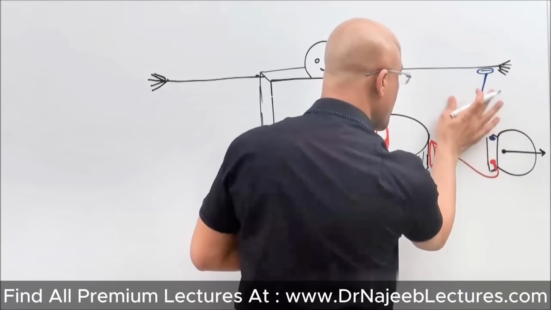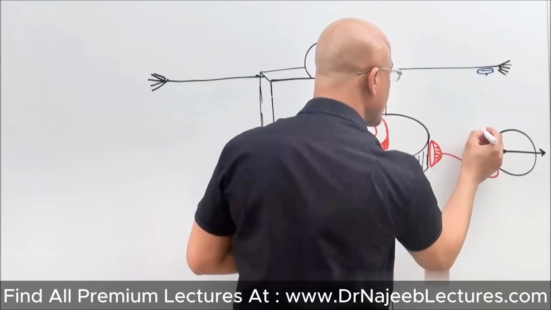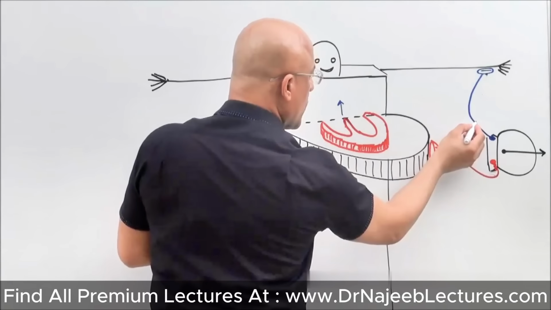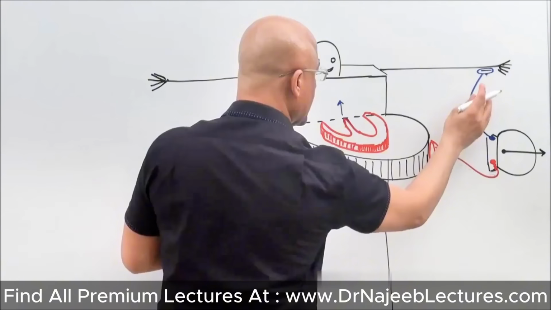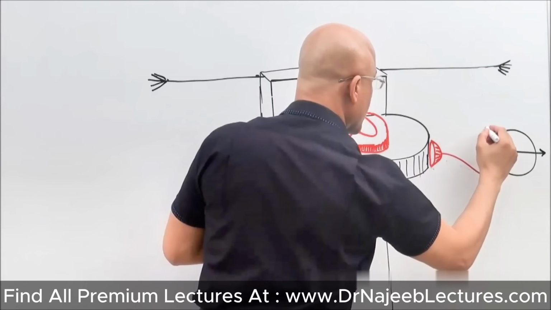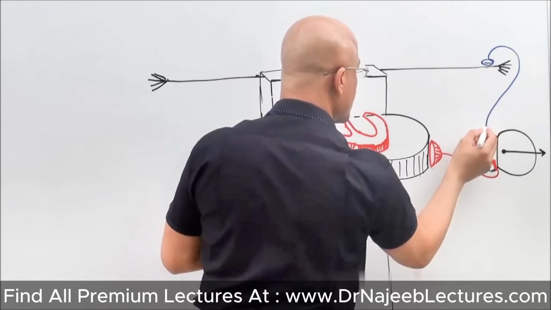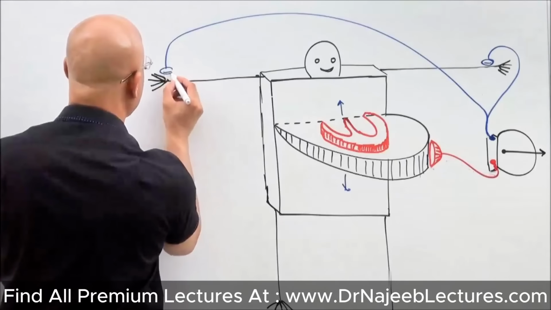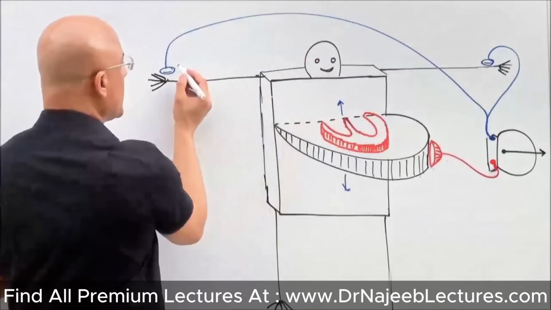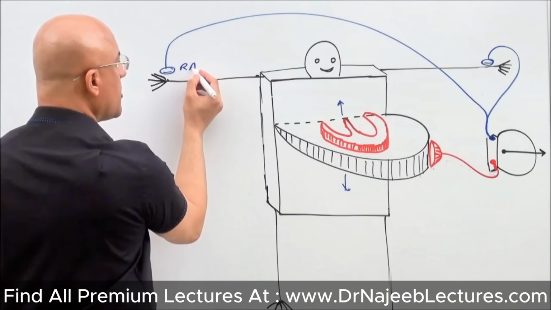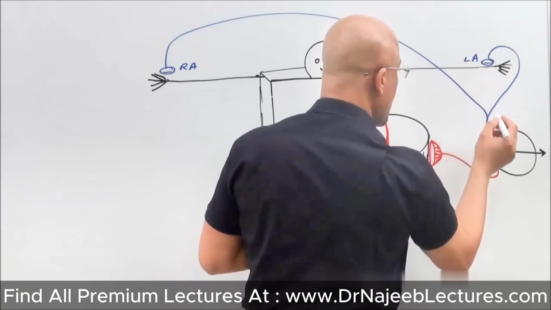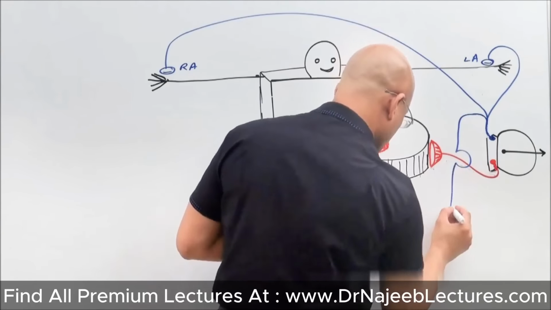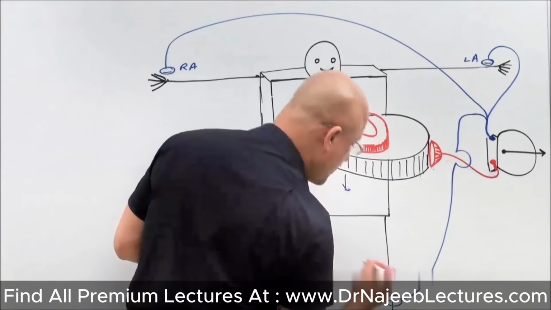The negative terminal has a common wire, and this wire is connected to the right arm, the left arm, and one part of it to the left leg.